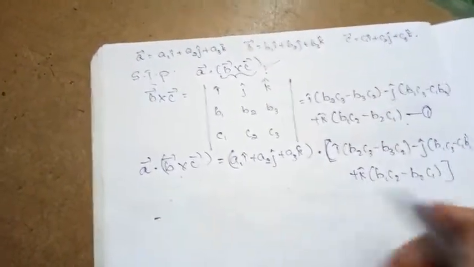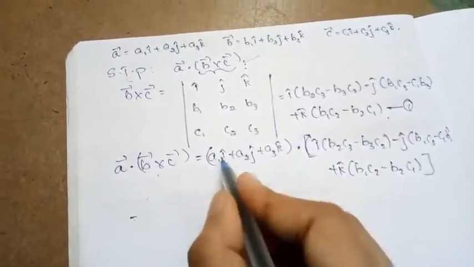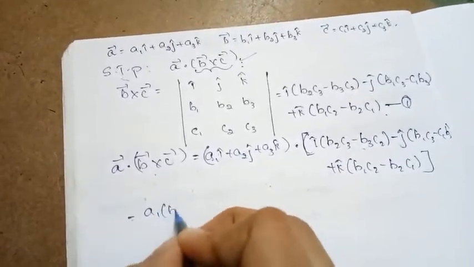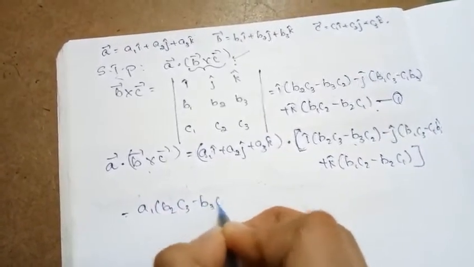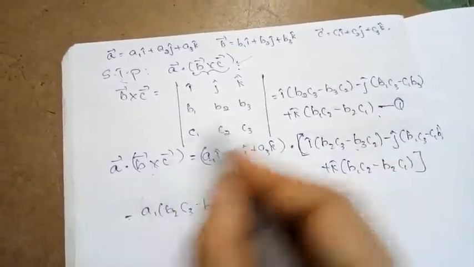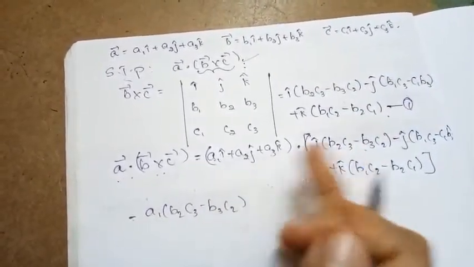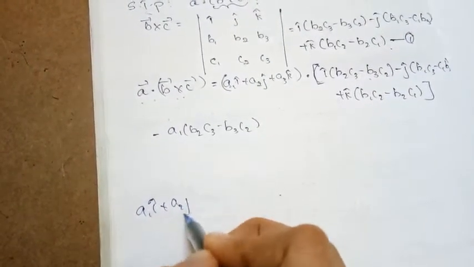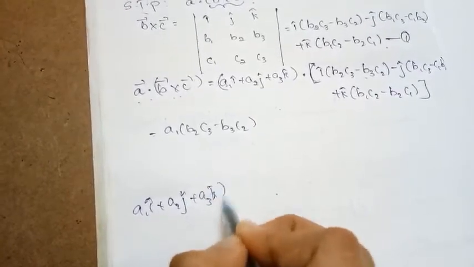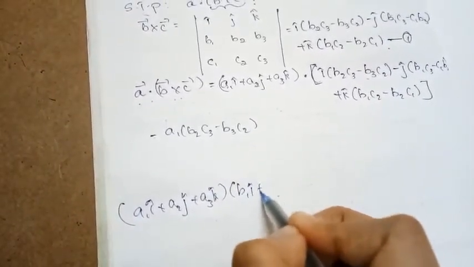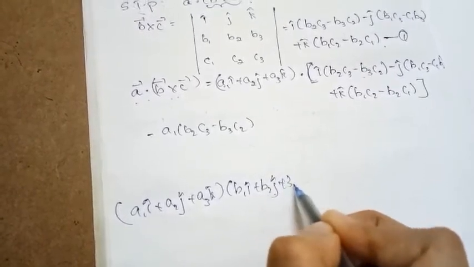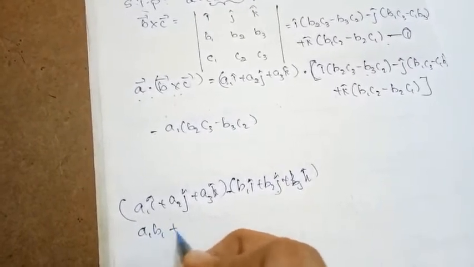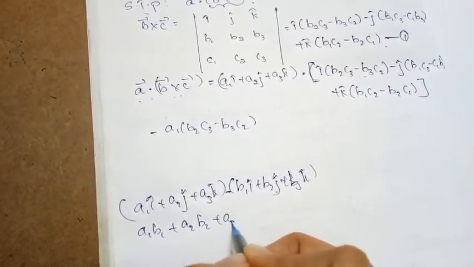Now we know how we used to take the dot product, that is a1 i cap, that is a1 (b2 c3 minus b3 c2), the first component. We know that if a1 i cap plus a2 j cap plus a3 k cap is dotted with b1 i cap plus b2 j cap plus b3 k cap, then a1 b1 plus a2 b2 plus a3 b3 is the dot product.